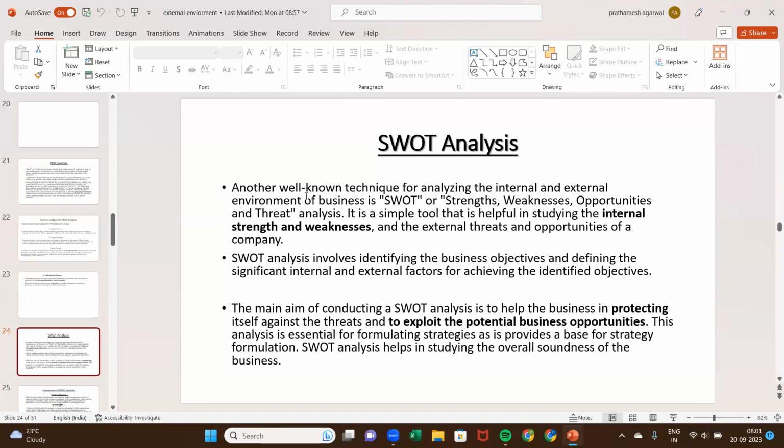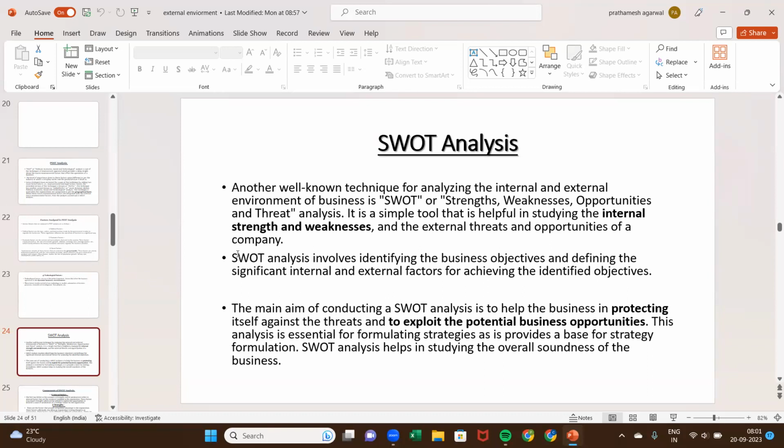This is a very simple tool that helps in studying the internal and external environment. When we talk about the internal environment, we focus on the strengths and weaknesses of the company. When we speak about the external environment, we focus on the threats and opportunities of a company. SWOT analysis involves identifying the business objectives and defining the significant internal and external factors for achieving those objectives.